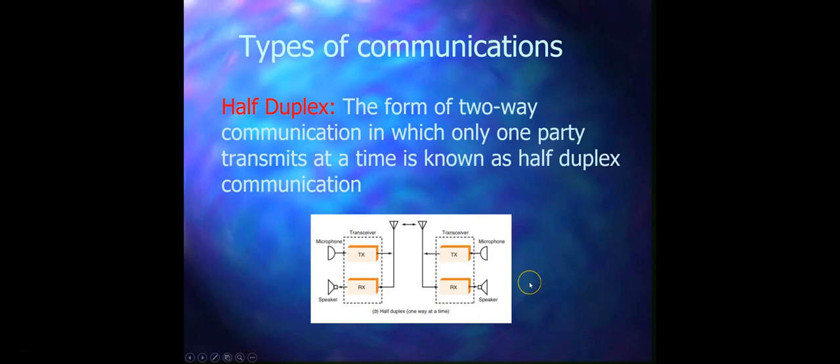Two-way communication is not being done simultaneously. Examples would be military radio systems, fire, police, aircraft, family radio, and amateur radio communications, which all use half duplex.